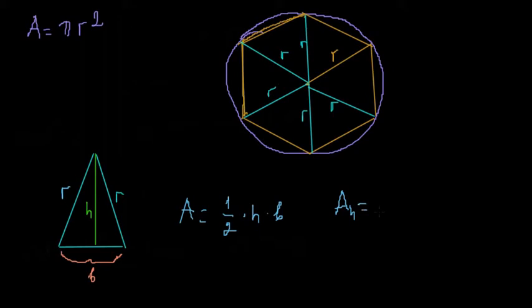We can say that the polygon area is equal to n times 1/2 height times base, right?